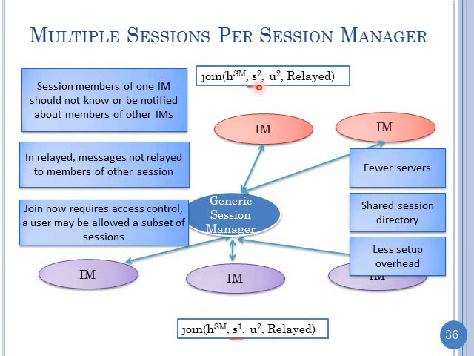So join also now requires access control. Previously, we had our own private session manager. If somehow we could keep his identity hidden from everybody else, we could make sure that other means are used to restrict access to it. We didn't have to worry about the rest of the world. Now we want this shared session directory. We want sessions made by other people who we may not trust completely.